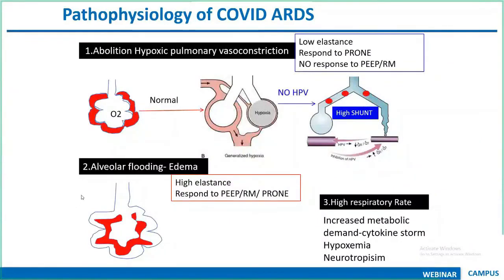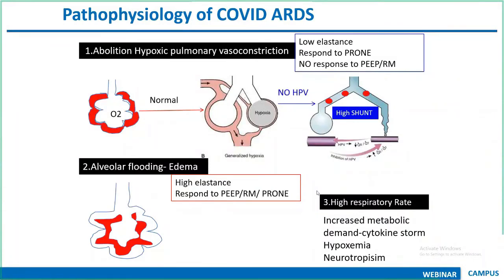But there is another group of patients who have flooding of their alveoli like any other ARDS. They are the group with low compliance, high elastance, the so-called H group, who are going to respond to high PEEP, prone position, etc. A high respiratory rate can be because of hypoxemia, increased metabolic demand, cytokine storm, and neurotropism.